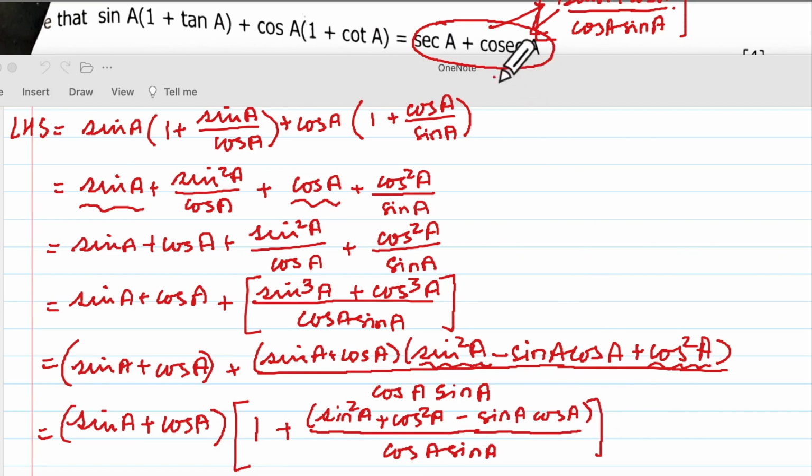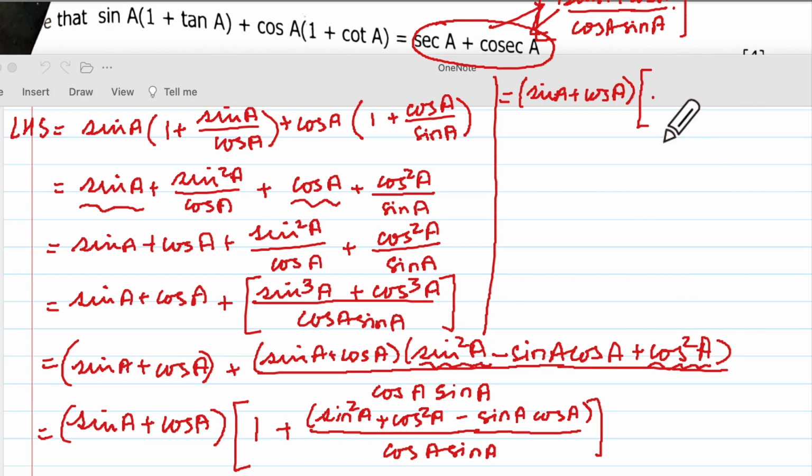Yes, ma'am. Now I will write equal to, and the first bracket will be sin A plus cos A. And the second bracket will be, now can you see over here, I'll have to take LCM, right?